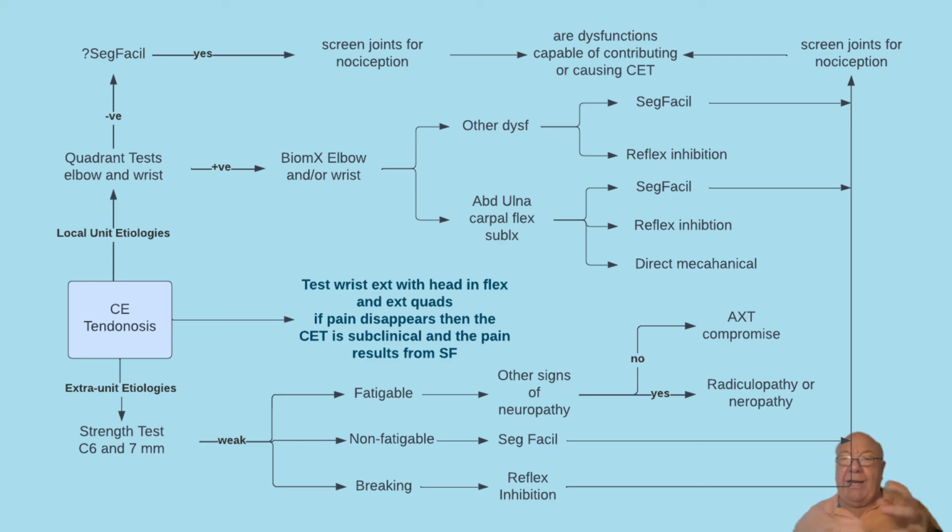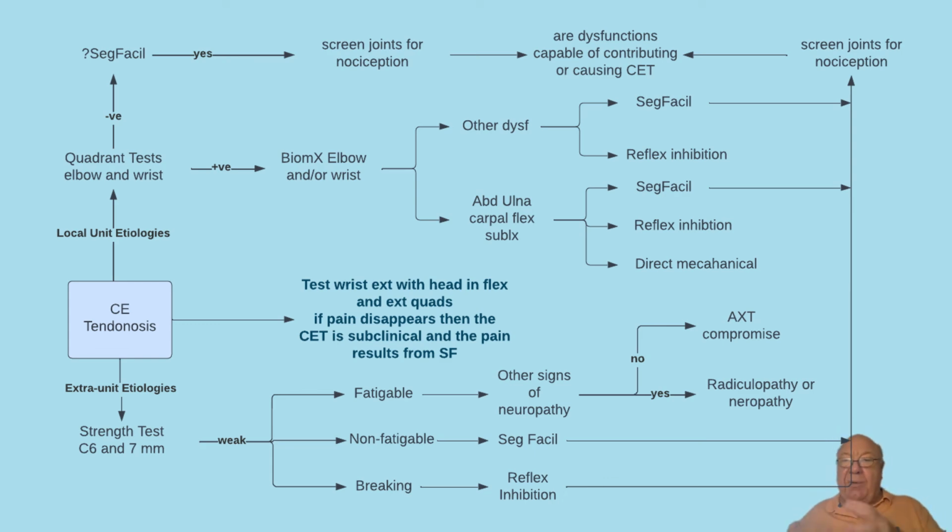And if we find an abducted ulna or a carpal flexion subluxation, so basically in both cases the wrist can't extend, either because of the abducted ulna or the carpal subluxation, then this could easily just be a direct mechanical problem in the form of overuse. The muscles working too hard against the resistance of the extension of the wrist and then breaking down.